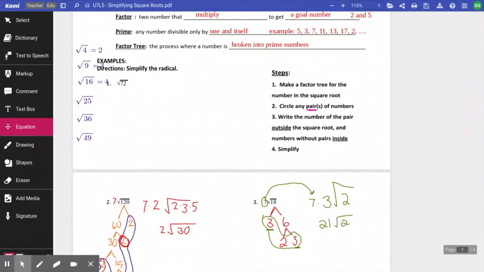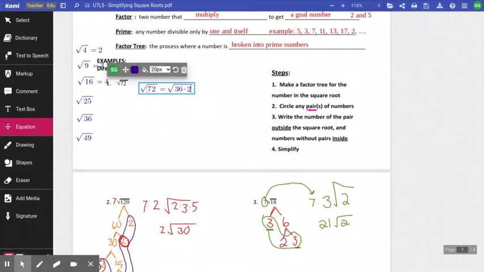For example, I know that 36 times 2 gives me 72. So what this method says is let's rewrite that. We're going to write the square root of 72 is the same thing as the square root of 36 times 2.